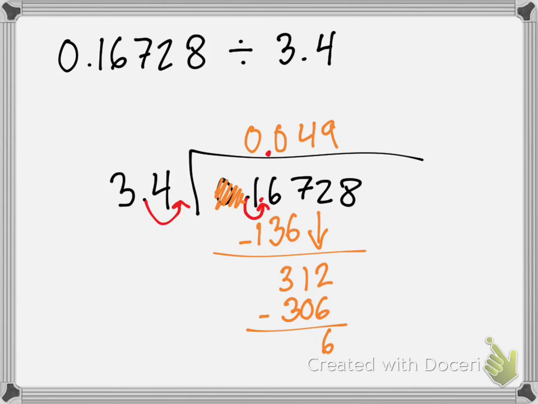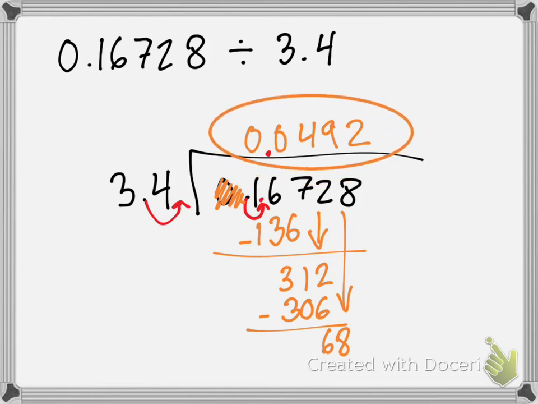I get 6 as I'm having trouble today. 68 now. It goes in exactly 2 times even. So my answer here is 498 10,000ths. We knew where the decimal was because we just bring our decimal straight up with division.